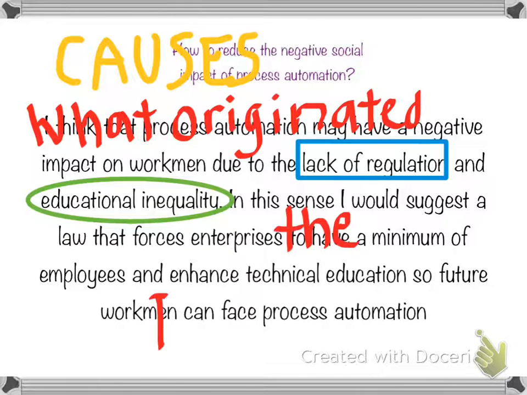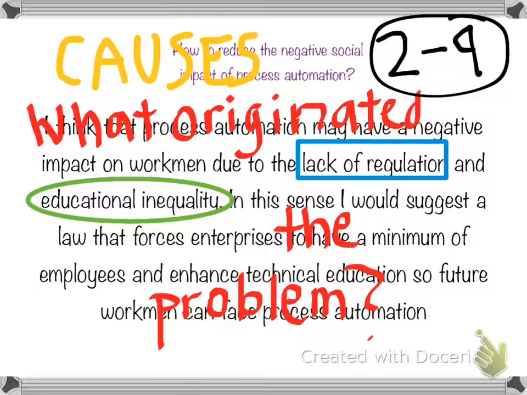These two factors are the causes of our problem, for they answer the question, what originated the problem? At this point, go back to your outline and identify the causes of your problem. You should have between 2 and 4. If you don't have any or you're missing some, try to find them. If you have more, choose the most important ones and reduce them to 2 or 4.